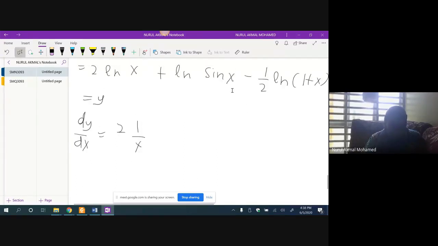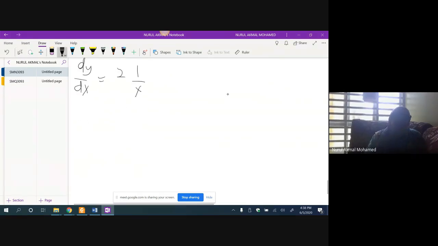You have to denote sine x as a new function. Sine x as u, so it will be ln u.